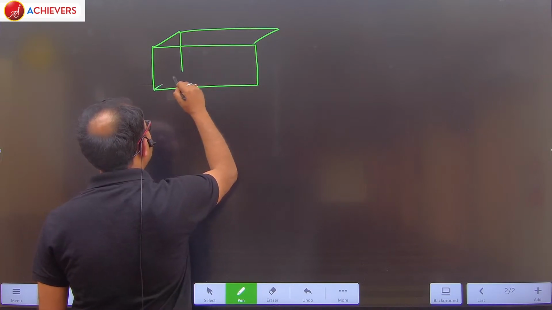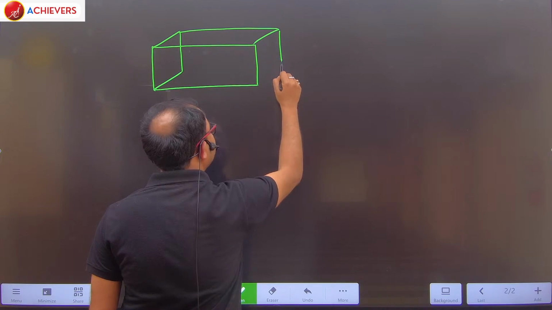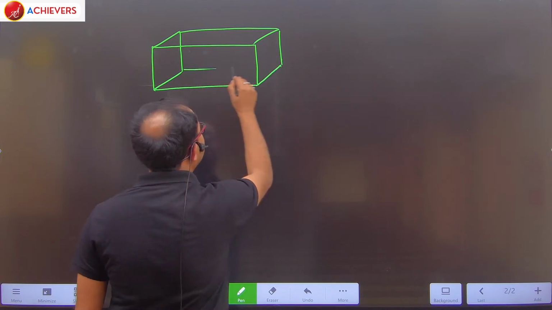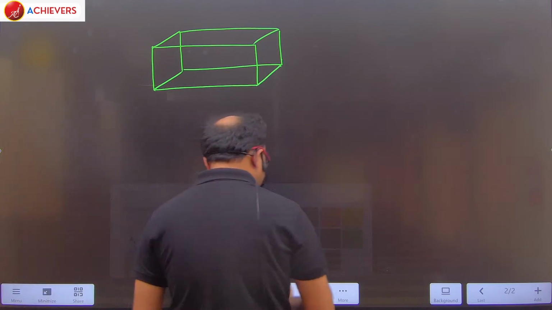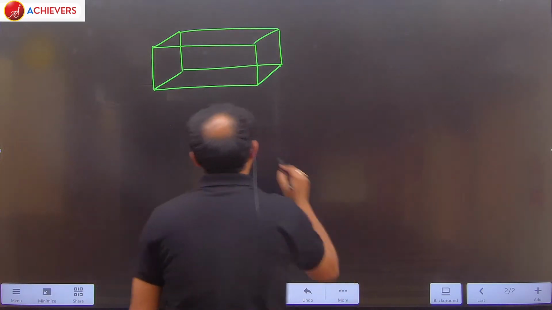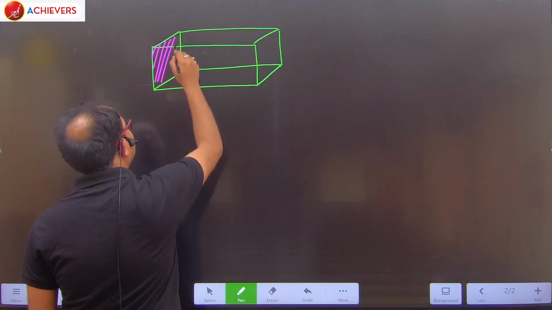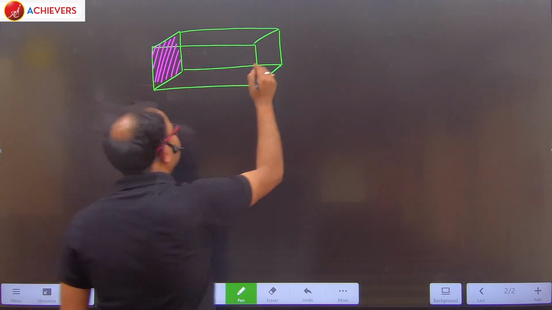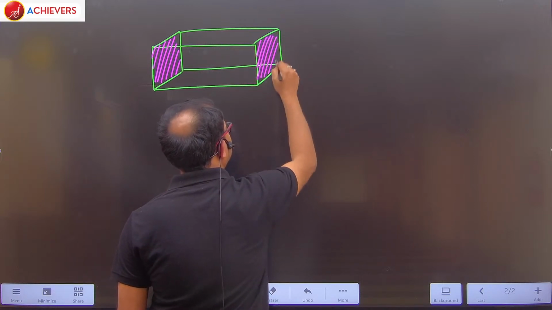And let us mark the two walls like this.